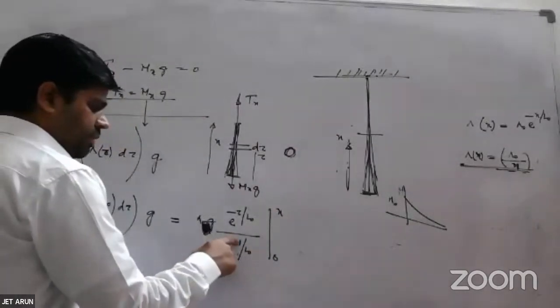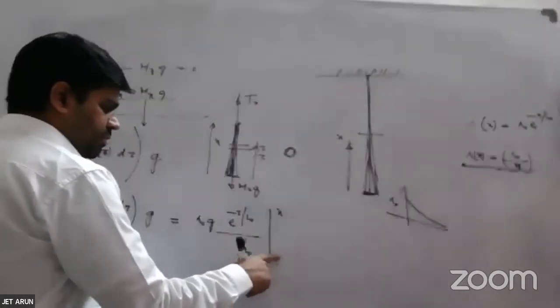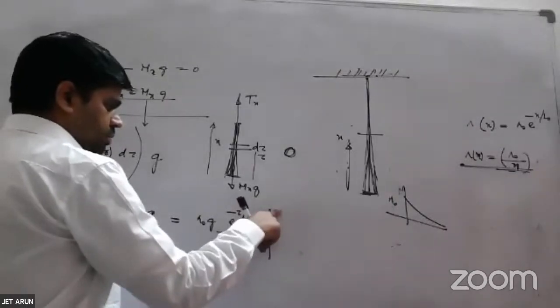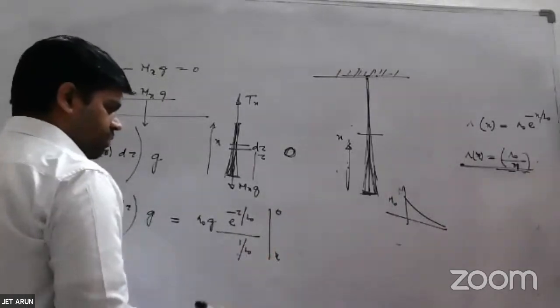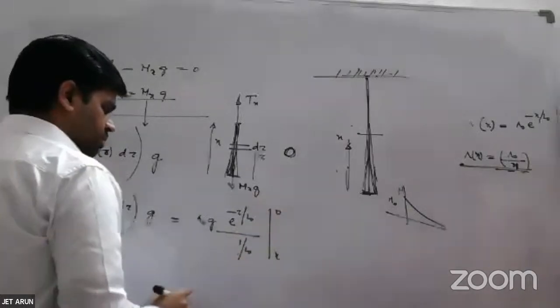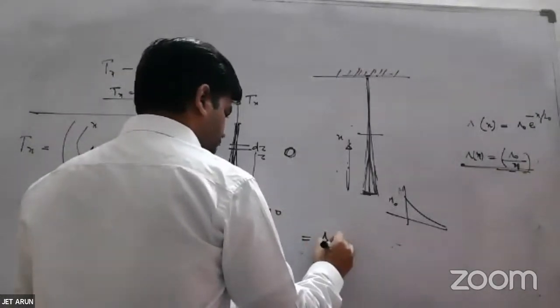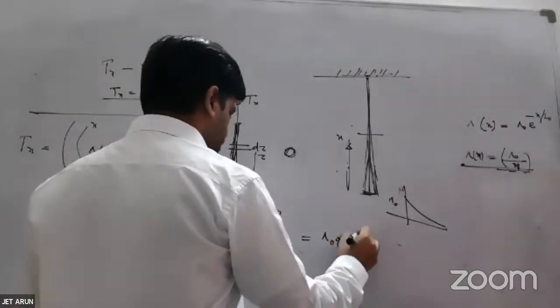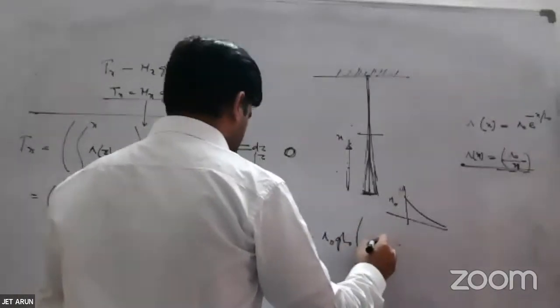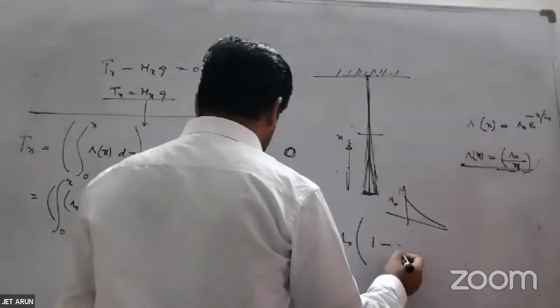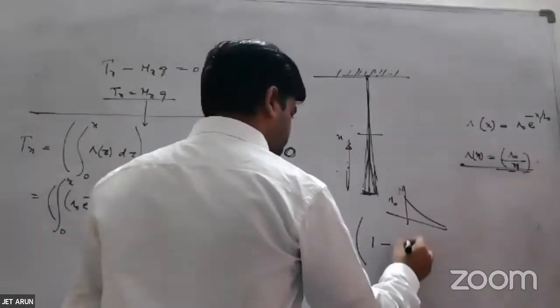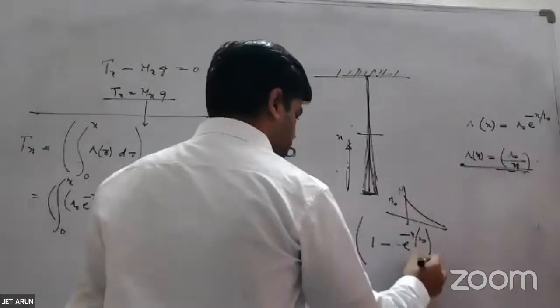But I remove this minus sign and I invert the limits. That becomes x to 0, which is equal to lambda naught g into L naught into 1 minus e power minus x by L naught.